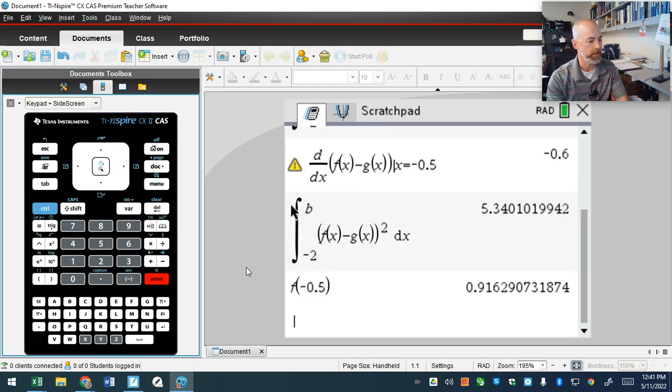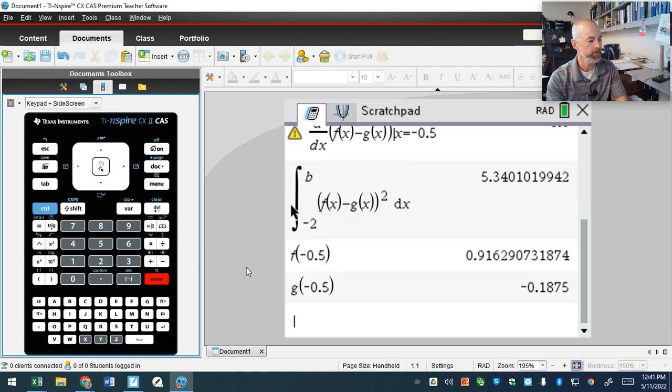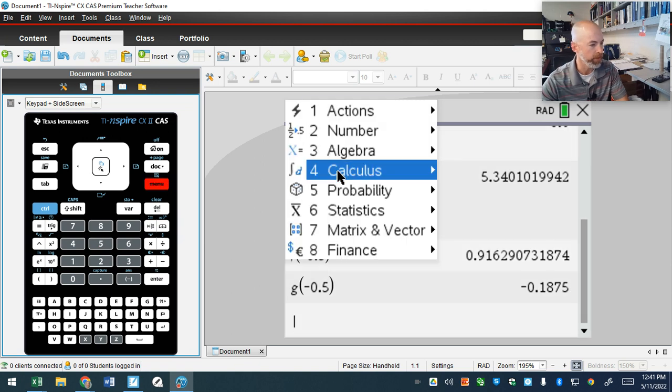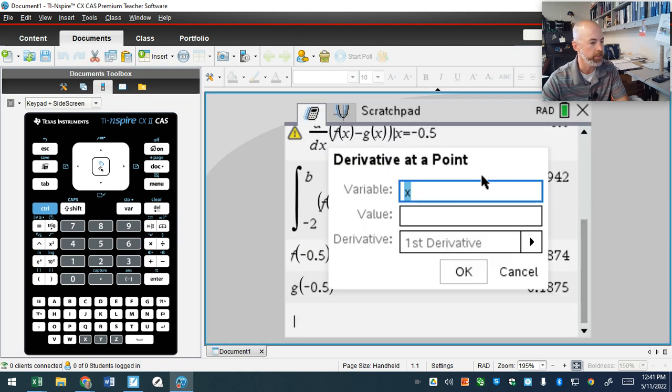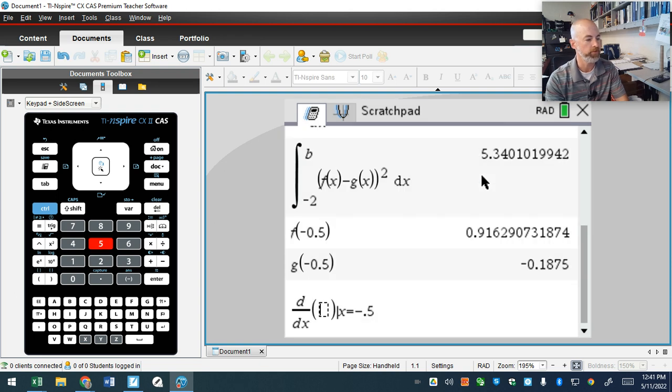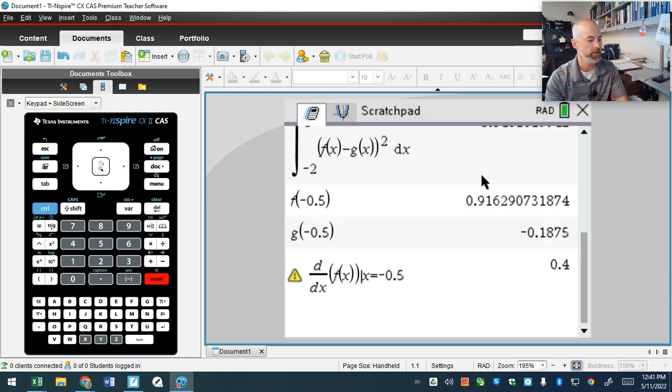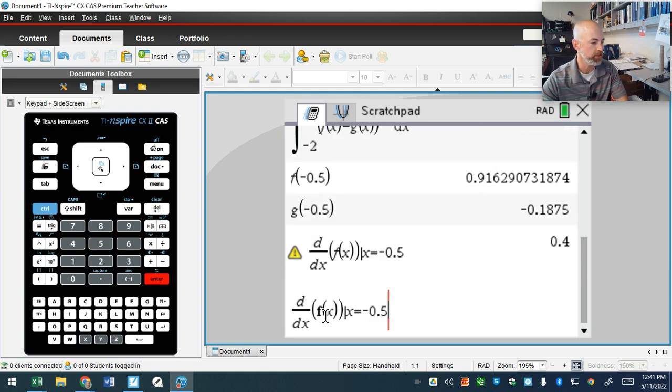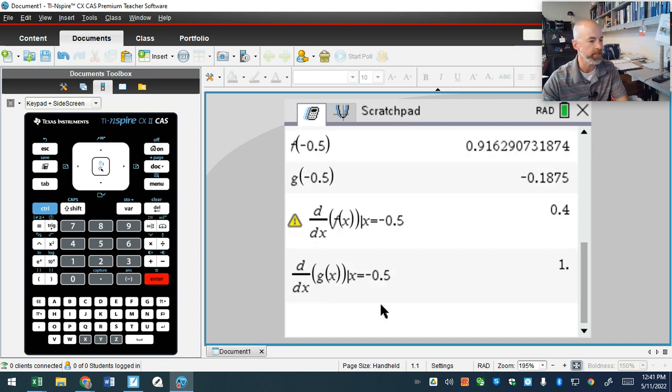I need the derivatives of those, so I'll go to my calculus derivative at a point, plug in -0.5 to the first derivative of f of x, then repeat that with g of x. And there are my values. Negative 0.916 is really my only super ugly one.